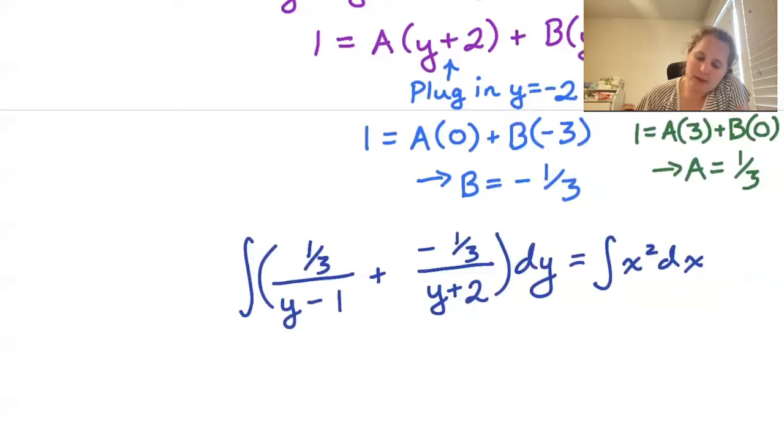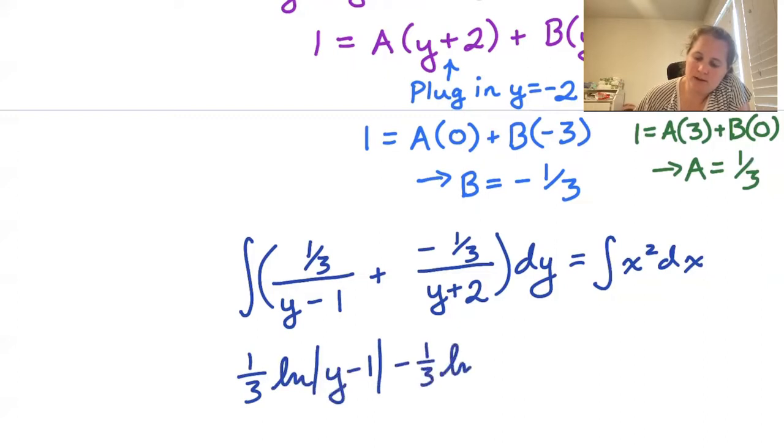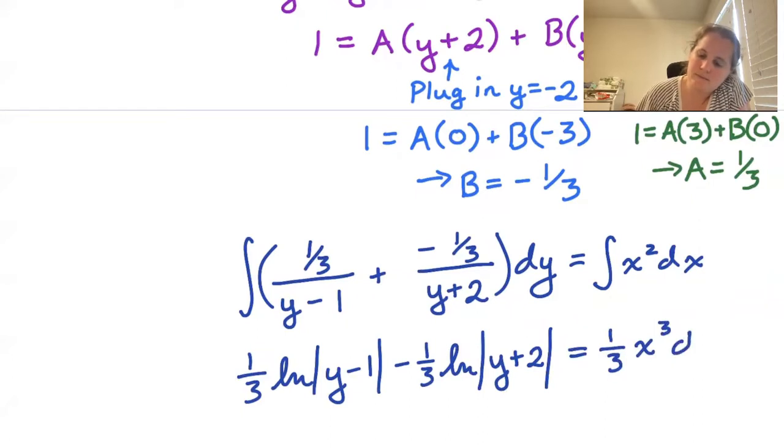On the left, this becomes 1/3 times the natural log of the absolute value of y minus 1 minus 1/3 times the natural log of the absolute value of y plus 2. And then on the right, this is equal to 1/3 x cubed plus c.